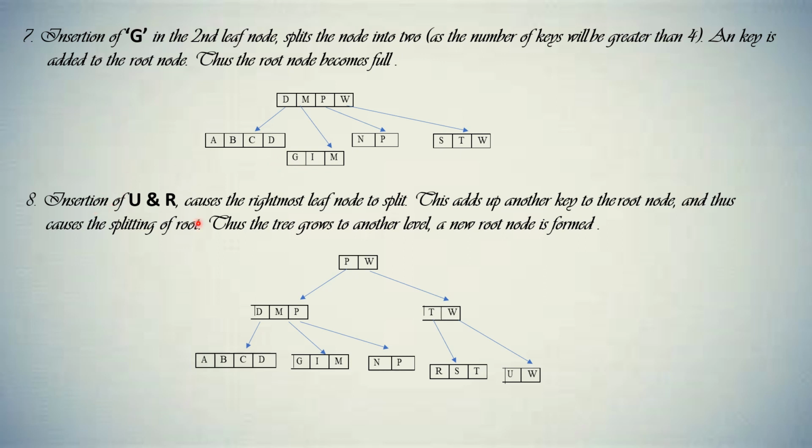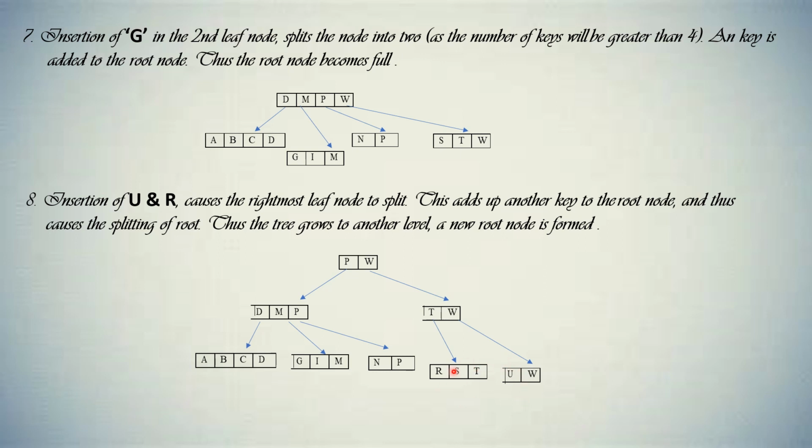Next, insertion of U and R causes the rightmost leaf node to split. This adds another key to the root node and thus causes the splitting of the node. Thus the tree grows to another level, and a new root node is formed. Now U and R are added here.